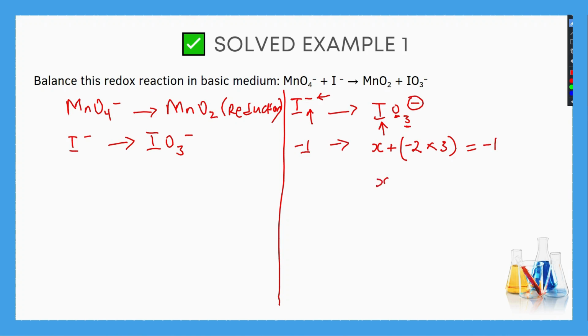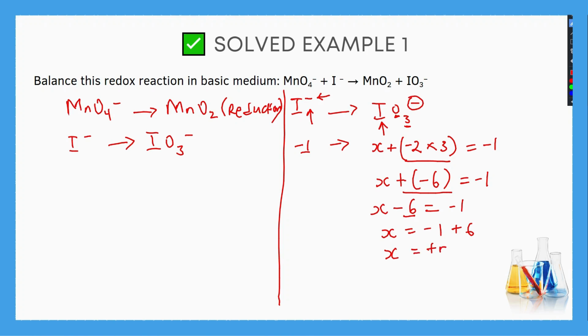So we have X plus -2 times 3 gives us -6, which is equal to -1. If we open up these parentheses, we end up with -6, then this is equal to -1. Taking this to the other side gives us -1 plus 6. So X therefore is equal to +5.